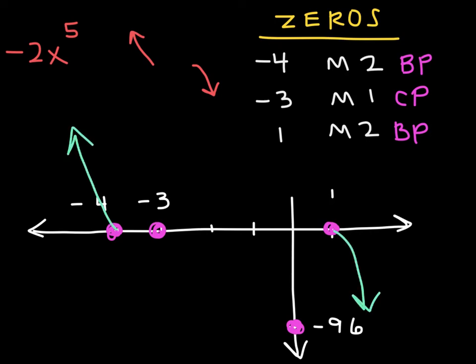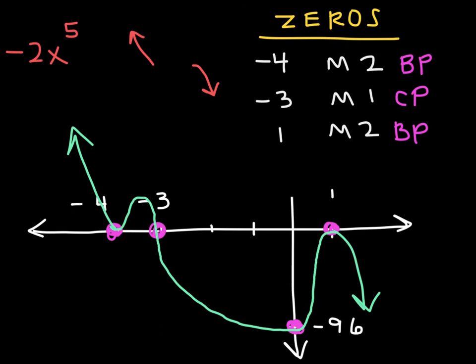And don't forget which ones are bounce points. Negative 4 and positive 1 are bounce points. So I'm going to bounce off of negative 4, come back up, come through negative 3, that's a cross point, go through the y-intercept of negative 96, and then at 1, bounce off of that x-intercept and turn back around. So this is the sketch of the graph.